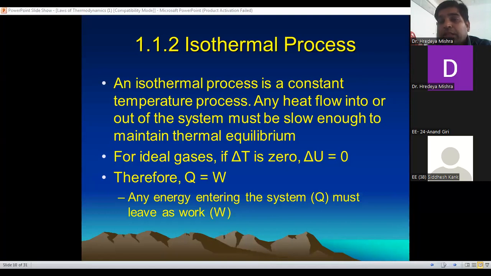Means the temperature of the object remains constant. For example, if we do a process on 30 degrees Celsius water, then the water temperature after the process remains 30 degrees. There is no change in the water temperature.